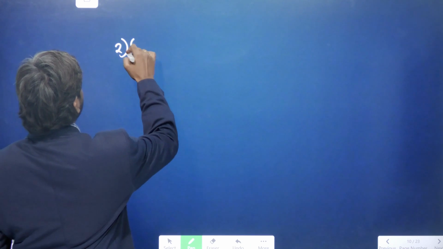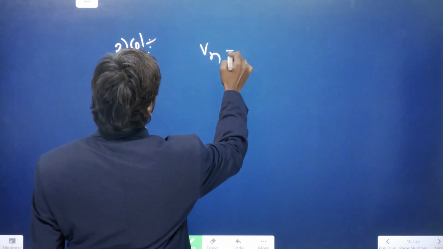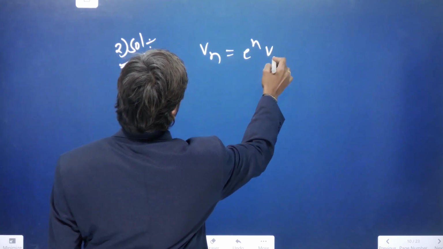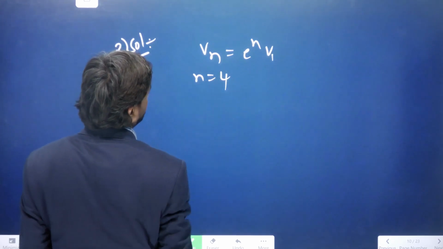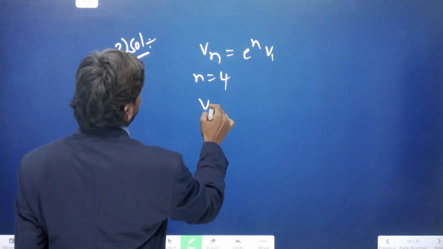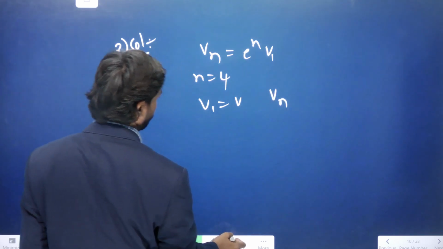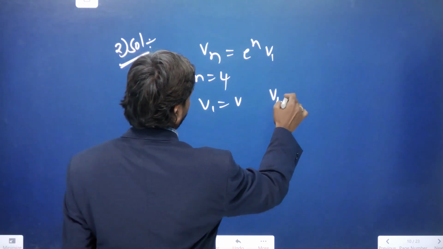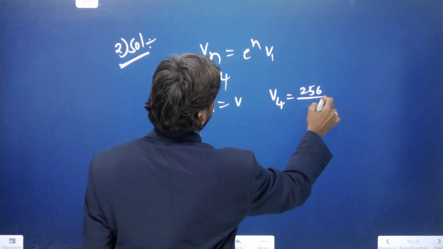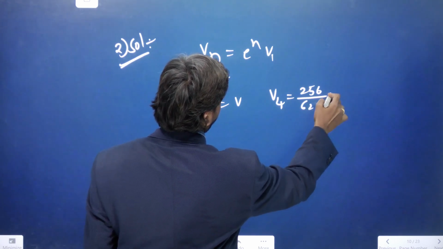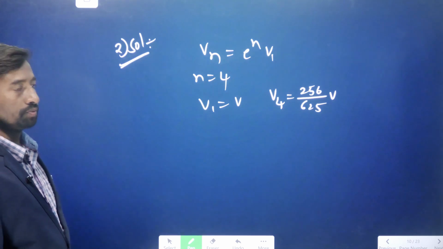So, second solution. Vn is equal to e power n into V1. Here n is the fourth collision, V1 is given as V, and Vn means V4, the fourth collision, given as 256 by 625 V. So now we should find the coefficient of restitution.